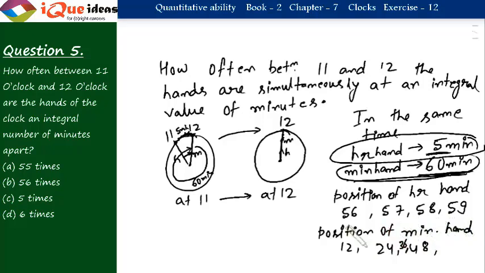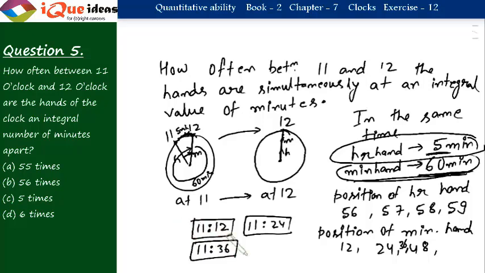So don't include the moment at 12 o'clock. The time shown on the clock will be 11:12. That is the first moment. Then 11:24. Then 11:36. And then 11:48. These are the only 4 occasions.